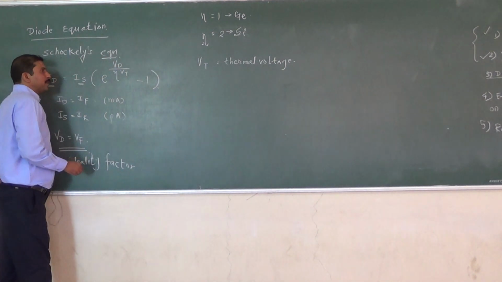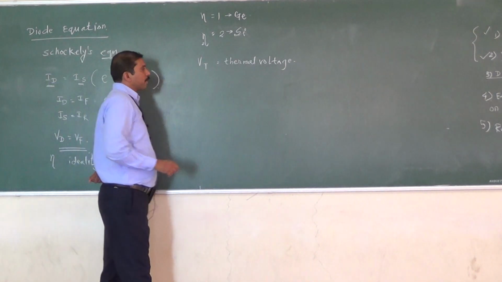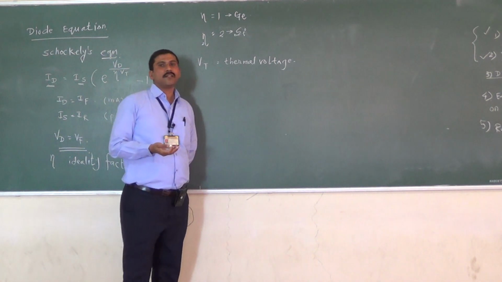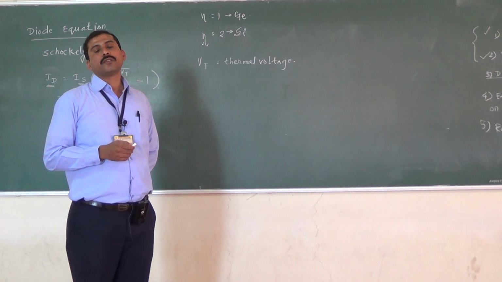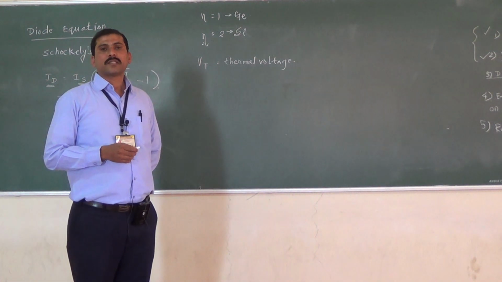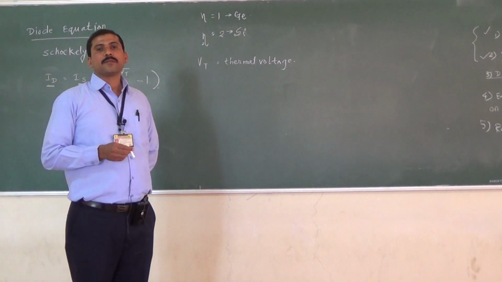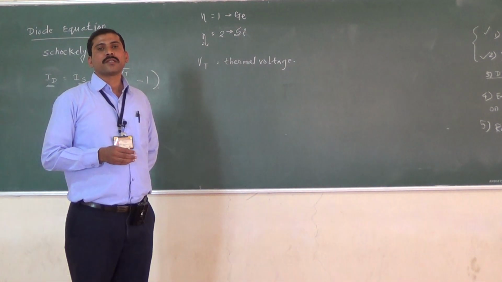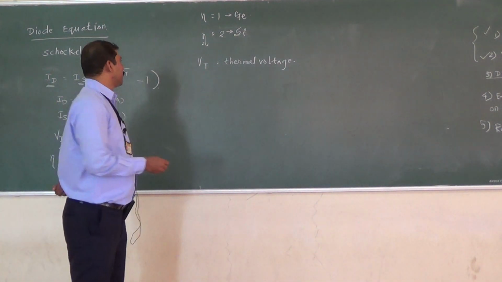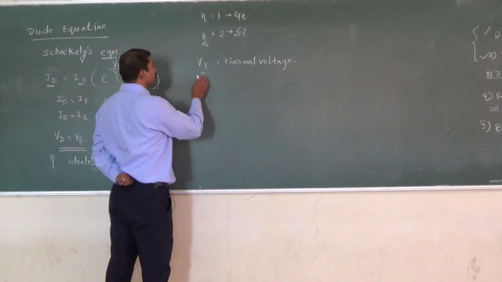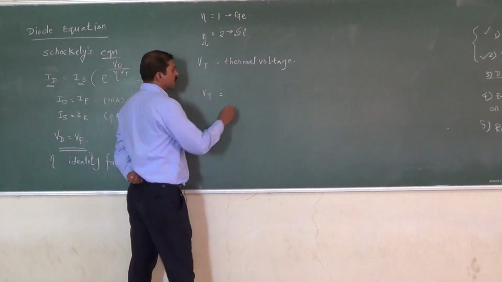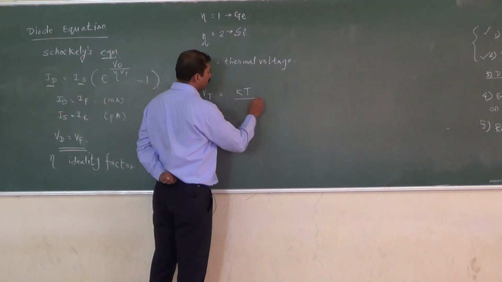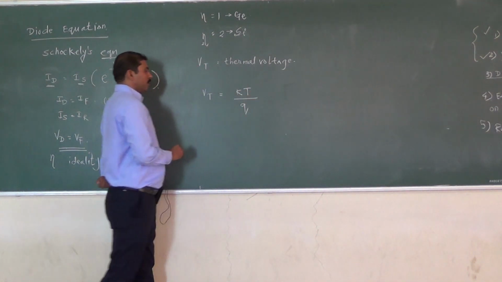Now what happens is that with the increase or decrease in temperature, it affects the resistance of a diode, because we know that a diode is a semiconductor device and every semiconductor device has a negative temperature coefficient of resistance. Therefore we have to calculate Vt. So Vt, the thermal voltage, is given by the formula Vt is equal to kT by q. Now what are these terms?